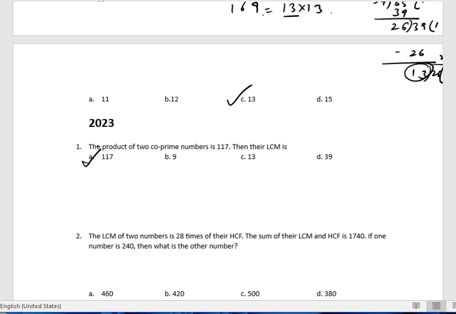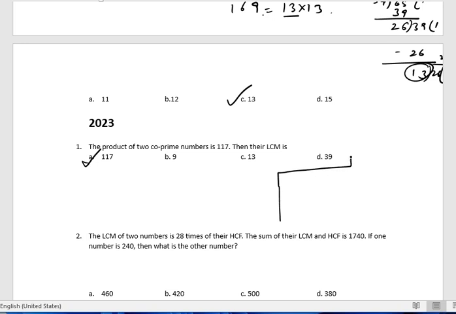Second question, the LCM of two numbers is 28 times their HCF. The sum of their LCM and HCF is 1740. If one number is 240, what is the other number? So now what we have to do, let the HCF be x. I am solving it here for you because there is no space.